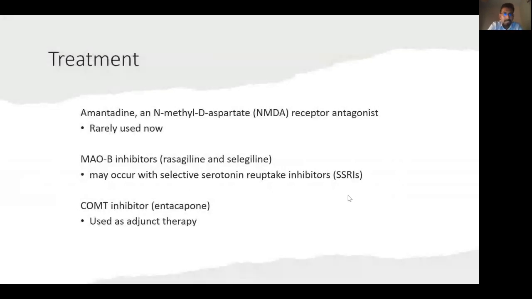Other treatment options: amantadine is an NMDA receptor antagonist, which is probably not used in the UK anymore. MAO-B inhibitors are the commonest; the commonest example is selegiline in the UK.